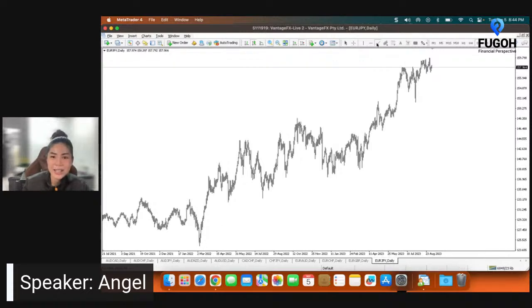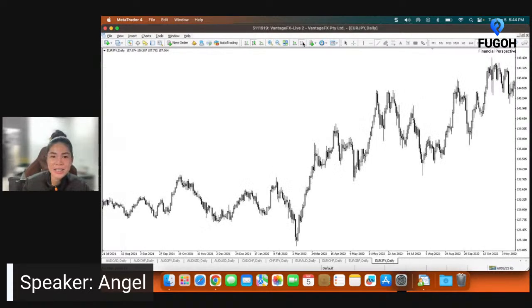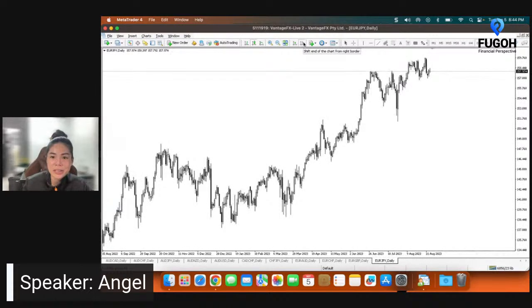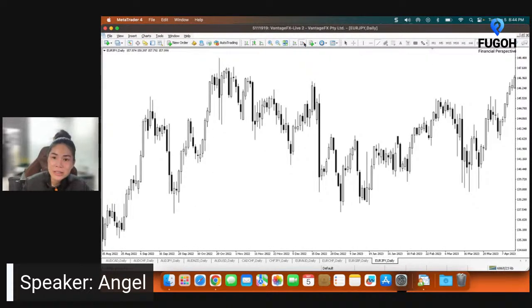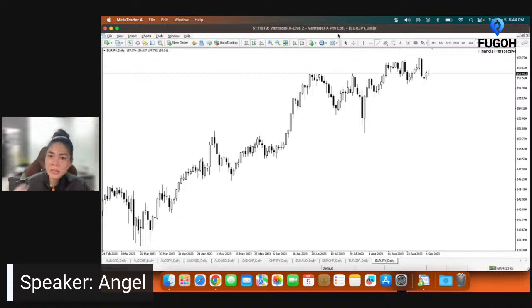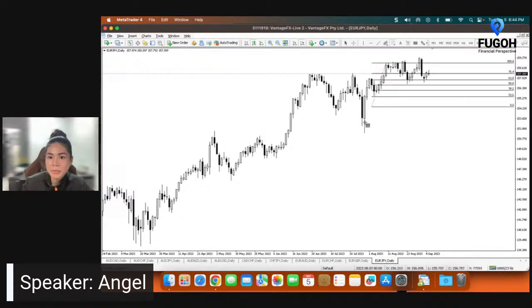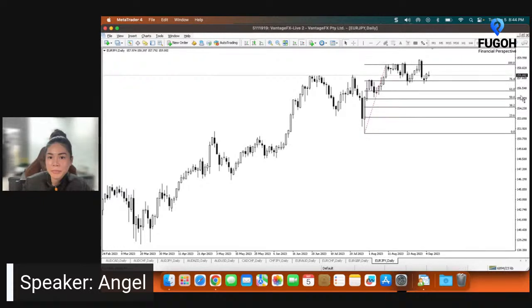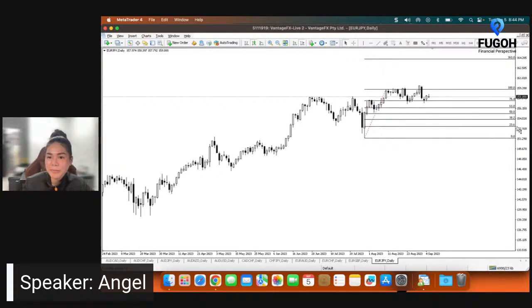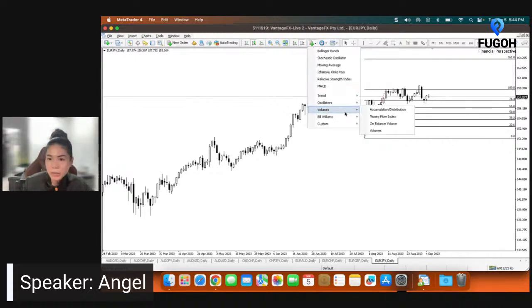Right, I'm not gonna insert any trend line. I know it's an uptrend already. Zoom in. I don't like this pair also, but let me see.